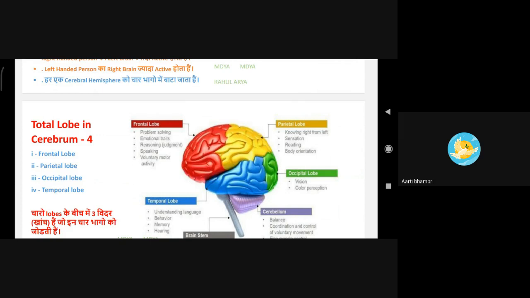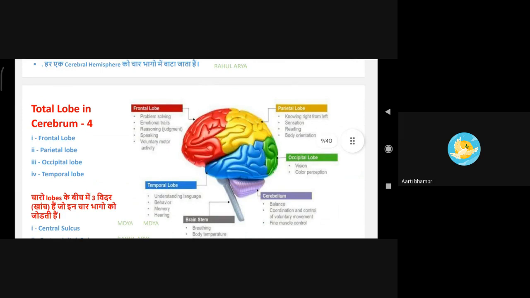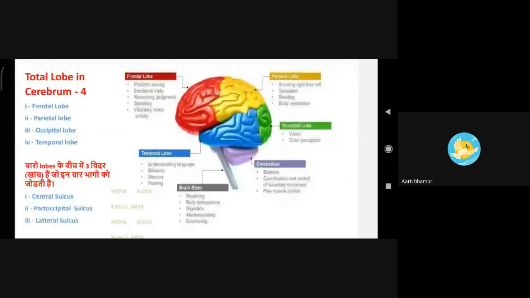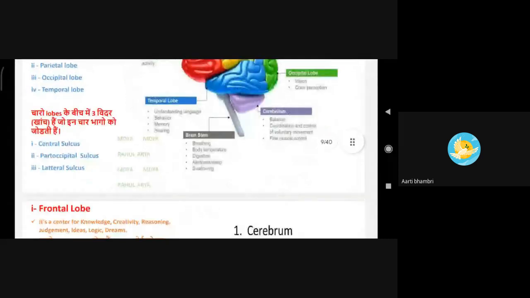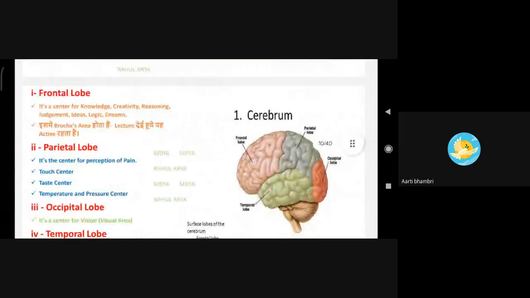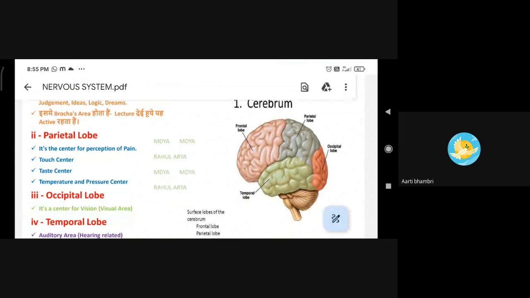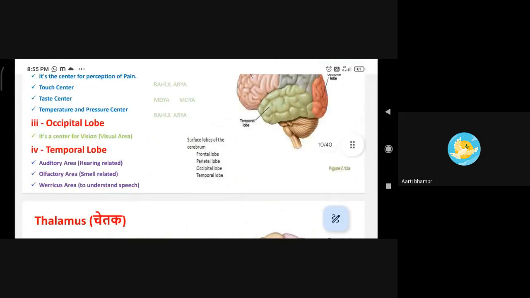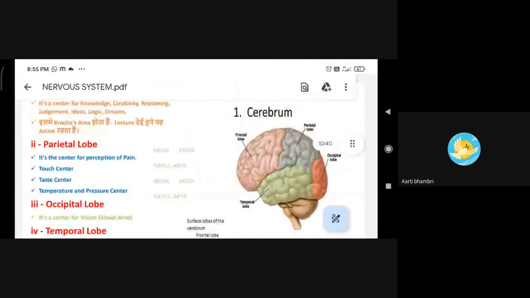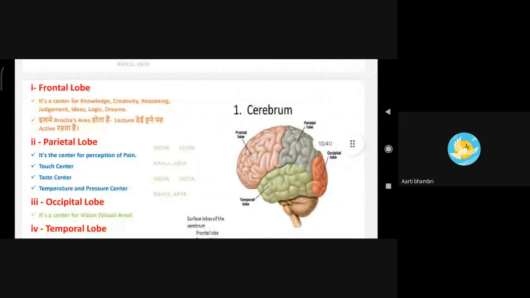Just below the brain, the cerebellum is present, and then the brain stem. We will now discuss the functions of the different lobes. Is it 9 o'clock? Okay, it is 8:55. So I think we should discuss the lobes and conclude.